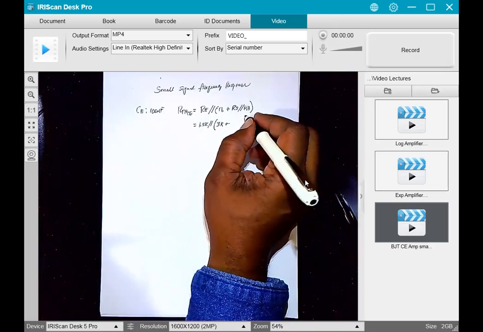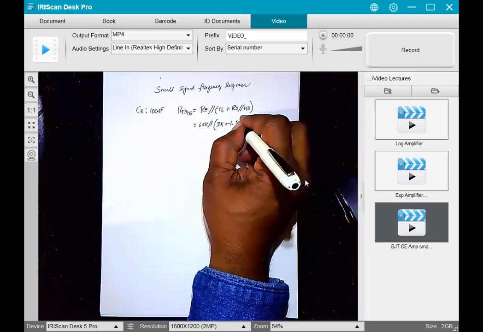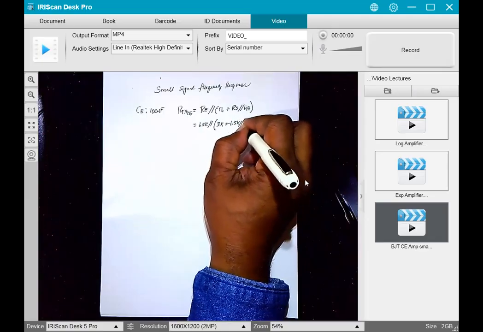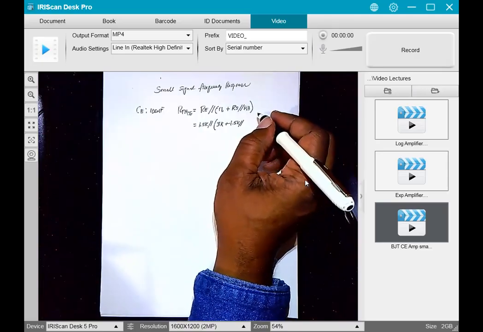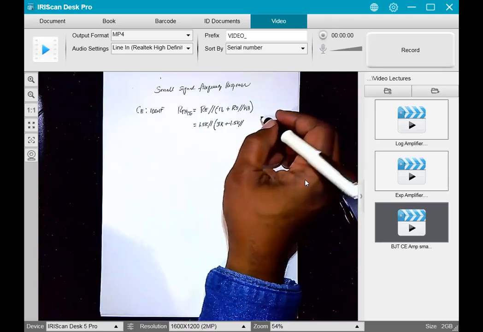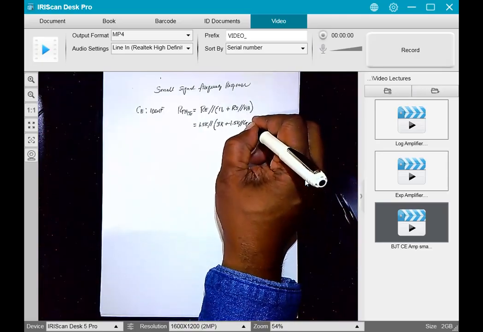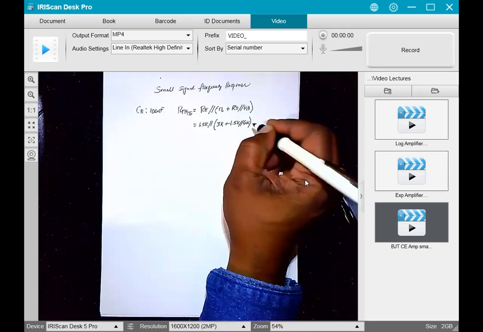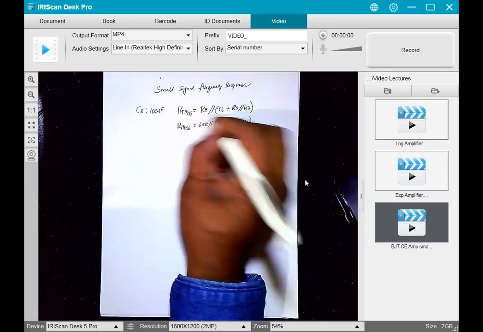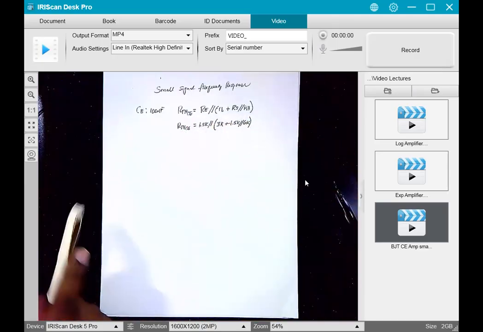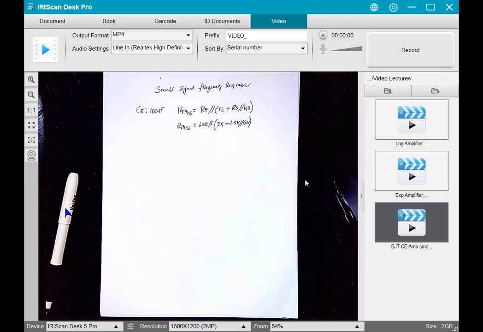Plus our RS is 1.5K in parallel with RB, which I think was 6K.